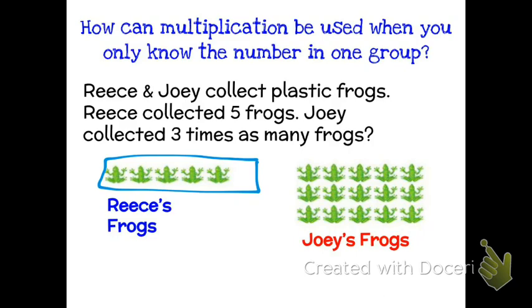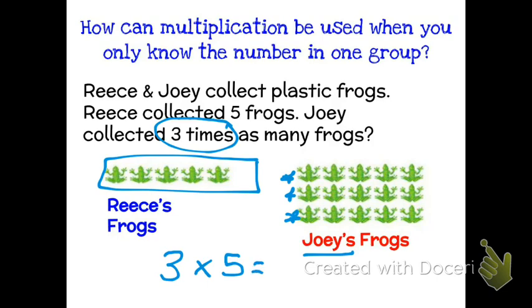Well, Joey collected 3 times as many, so I'm already seeing 3 times and know this has got to be multiplication. But Joey over here will end up with 3 rows of exactly what Reese had. So if I solve this, I would end up with 3 times 5 equals 15 frogs. Again, in word problems, we have to have a label or our numbers don't make sense.